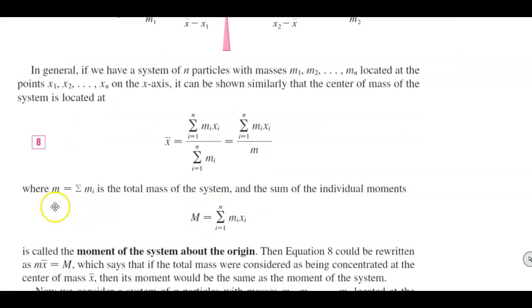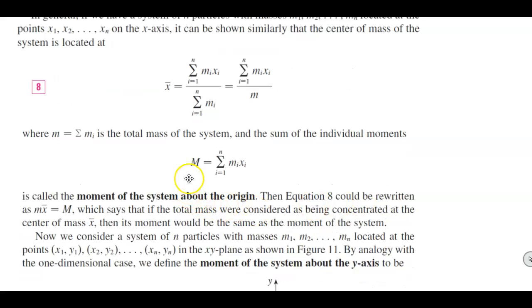Here m, equal to the summation of m subscript i, is the total mass of the system, and the sum of the individual moments, the summation from i equals 1 to n of mass times x, is called the moment of the system about the origin.